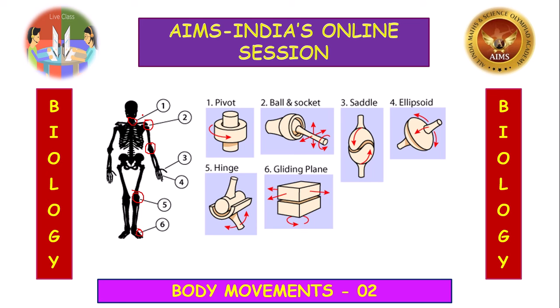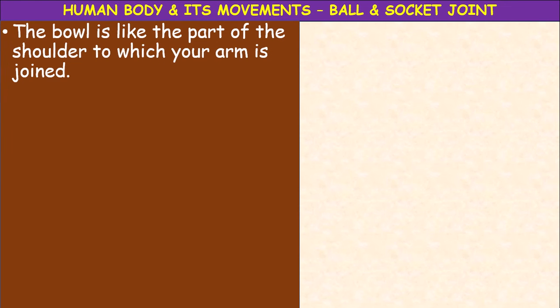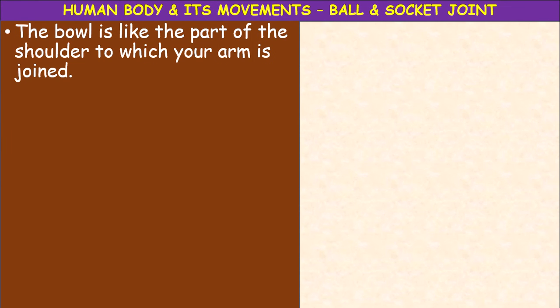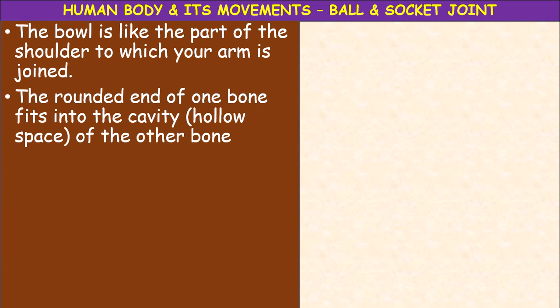Okay children, so let us proceed to know more about the ball and socket joint. The ball is like the part of the shoulder to which your arm is joined, as in yesterday's image.